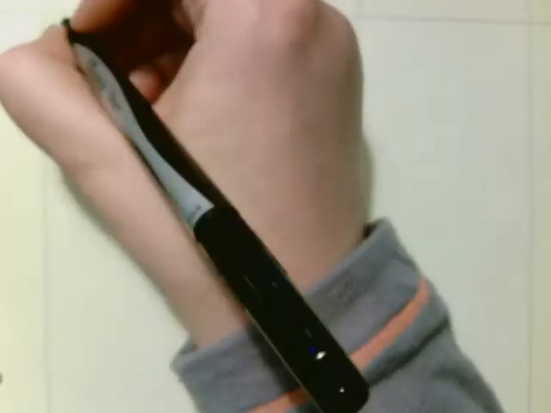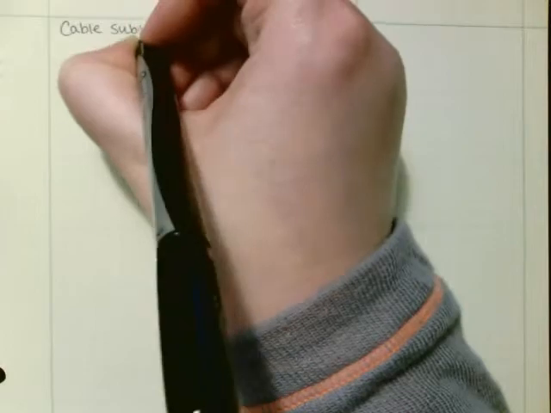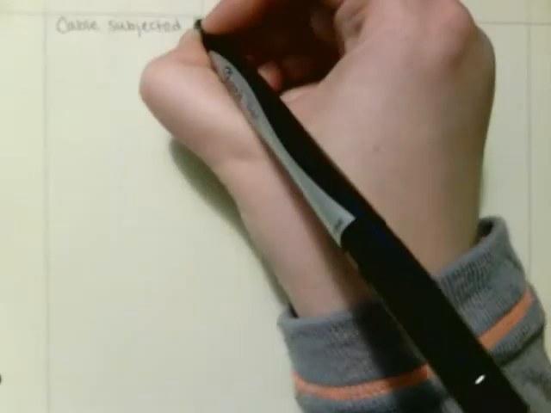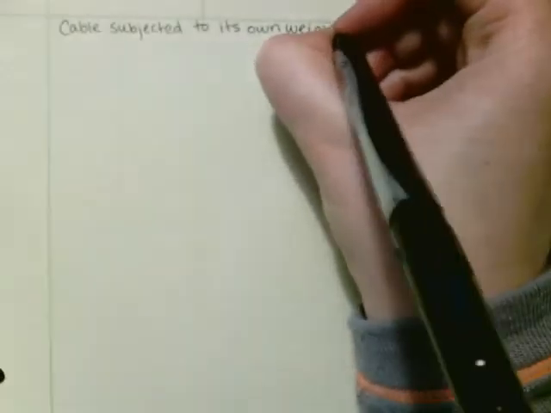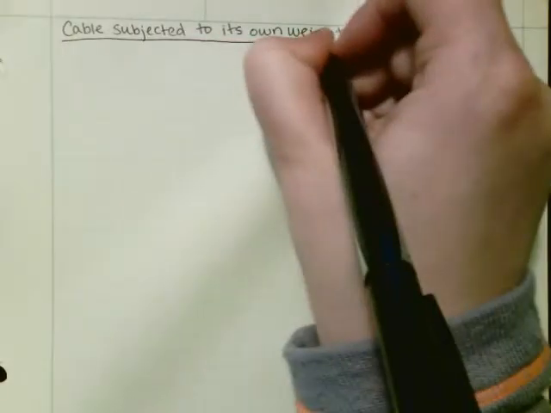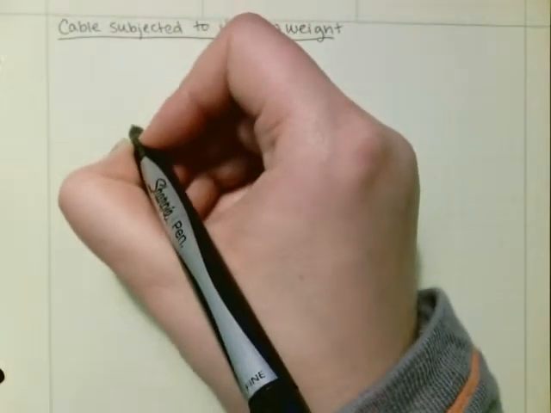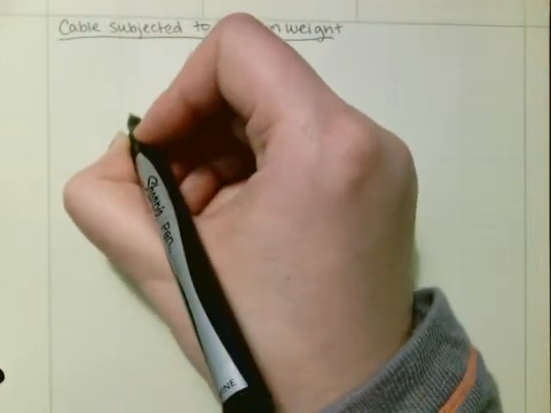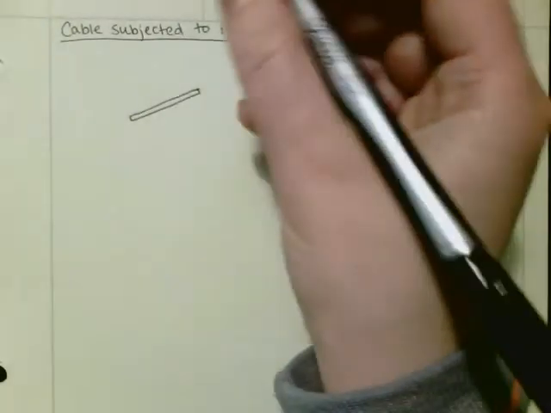So now, what if a cable was subjected to its own weight? We'd have a free body diagram of the same delta x. Its weight would just be like a distributed load.